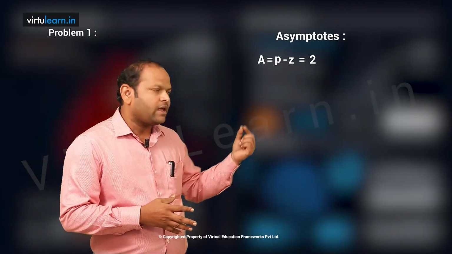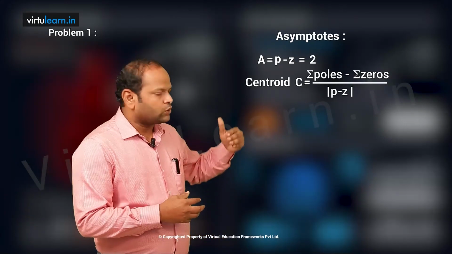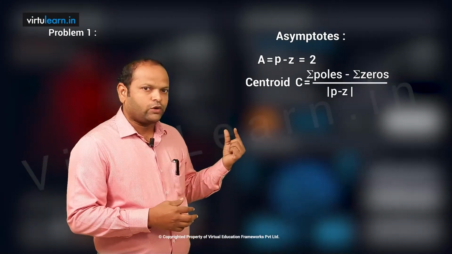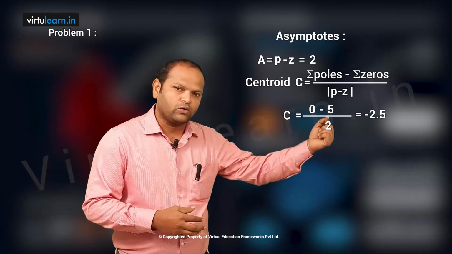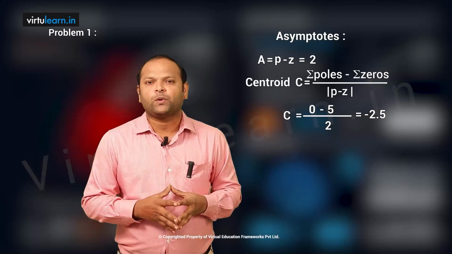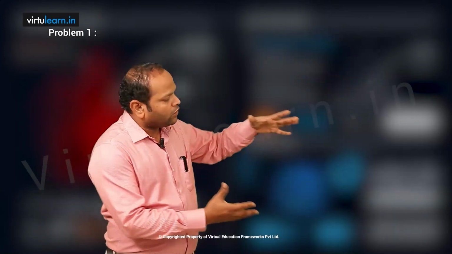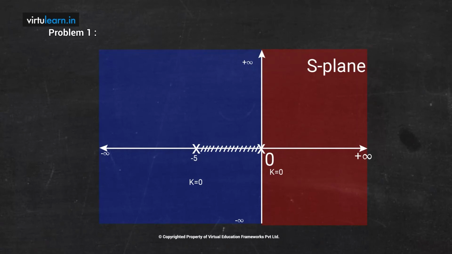The centroid formula is sigma poles minus sigma zeros, divided by P minus Z. We have 0 and -5, and no zeros at all, divided by P minus Z, which is 2. That gives -2.5. So the centroid C = -2.5. On this S plane, locate that point as the centroid and put C = -2.5 in a rectangular box.